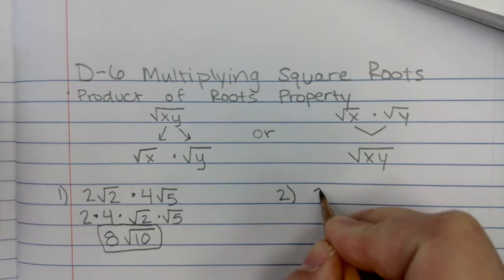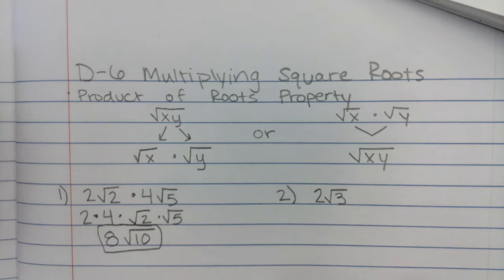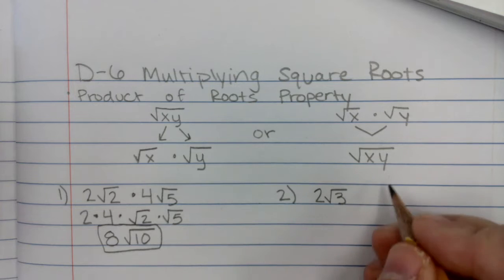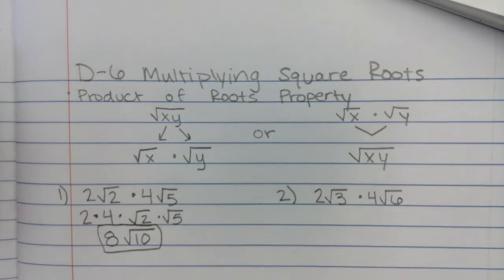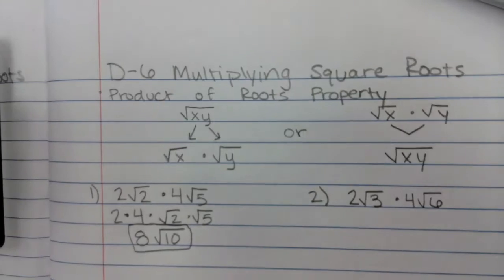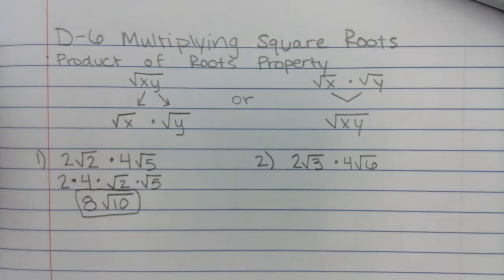2 square root of 3 times 4 square root of 6. So we want to think, which parts are we going to multiply here? What times what and what times what? Muhammad, what are you going to multiply first here? 2 times 4. Why are we going to do 2 times 4?